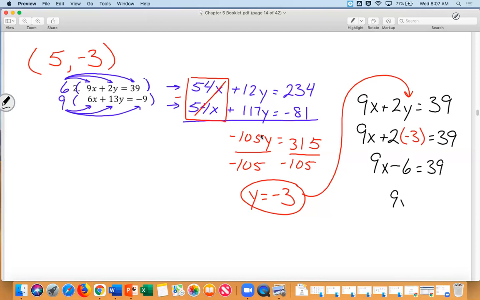Add 6 to both sides, we get 45. Divide by 9, that's going to be 5. We okay with that? Any questions? No questions? We all right? All right.